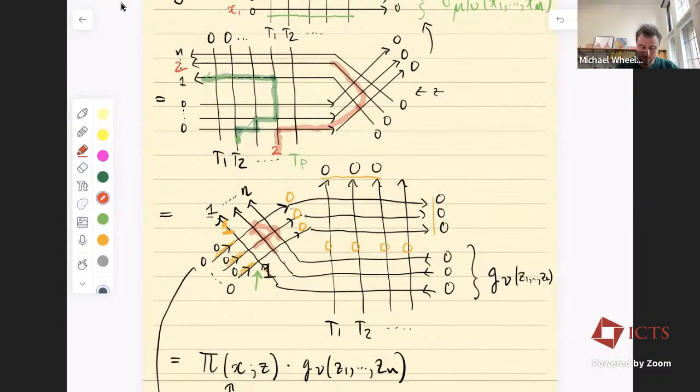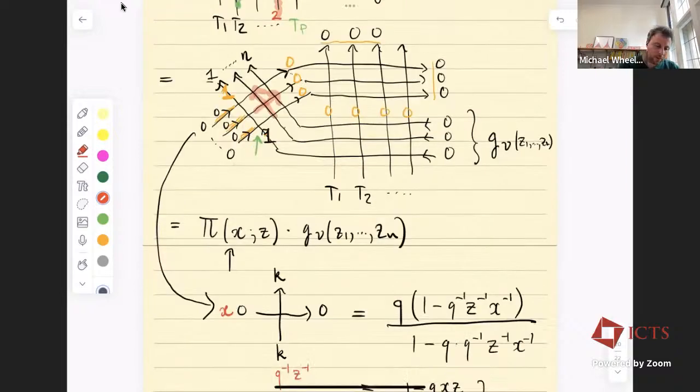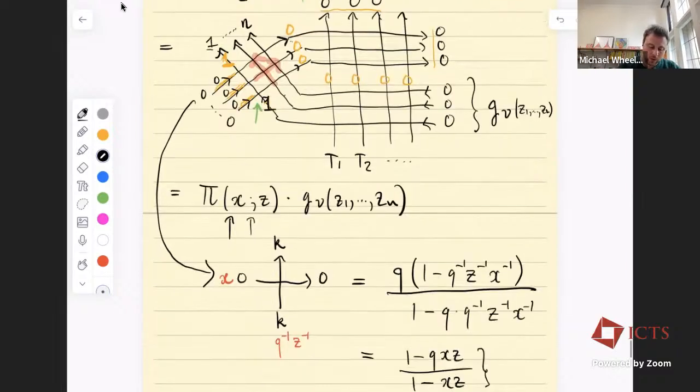That was the last thing you were showing. That's correct. This pi that I've written here is precisely capital M times n factors. And all of them have the form of this vertex. Okay. Thank you.